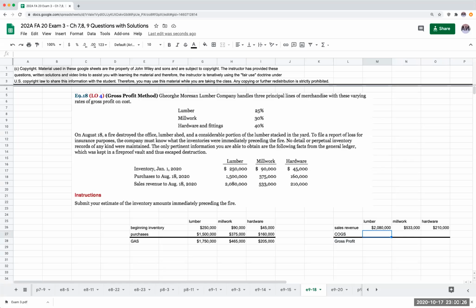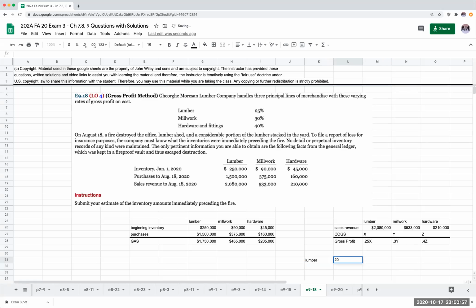So if I call these X, Y, and then Z, since it's a gross profit on cost, this is going to be 0.25X, this is going to be 0.3Y, and this is going to be 0.4Z.